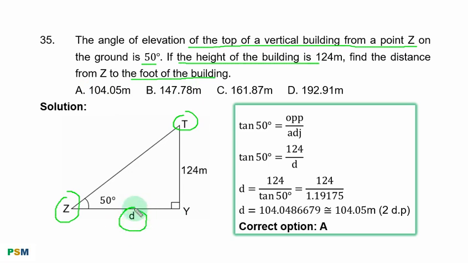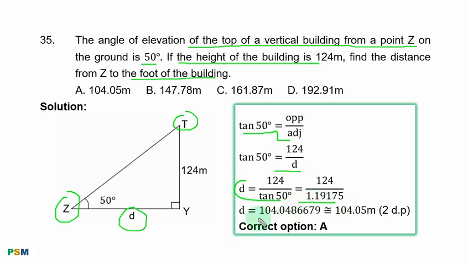In right angle triangle TYZ, this is opposite, you have adjacent. So tan 50 degrees is equal to opposite over adjacent, that is 124 over D. If you make D the subject, you have this result, which is equal to this.